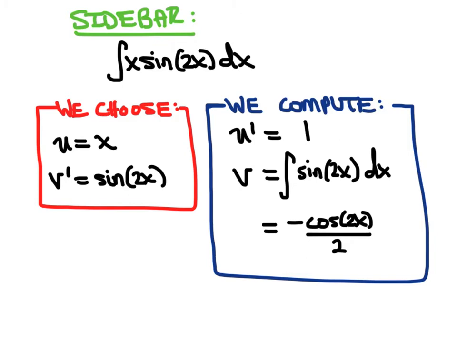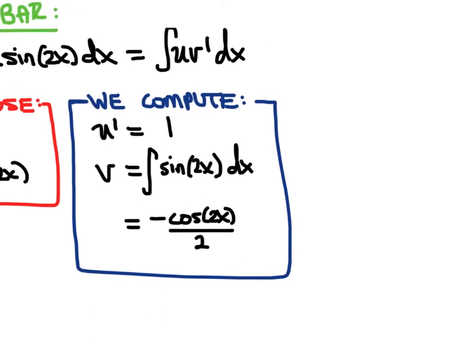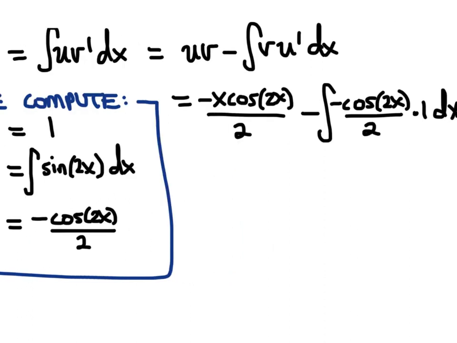Okay? So we have written this integral now in the form u times v prime with respect to x, and we can apply the rule. So the rule says this is equal to u times v minus the integral of v times u prime with respect to x, and we're going to plug in what we have.